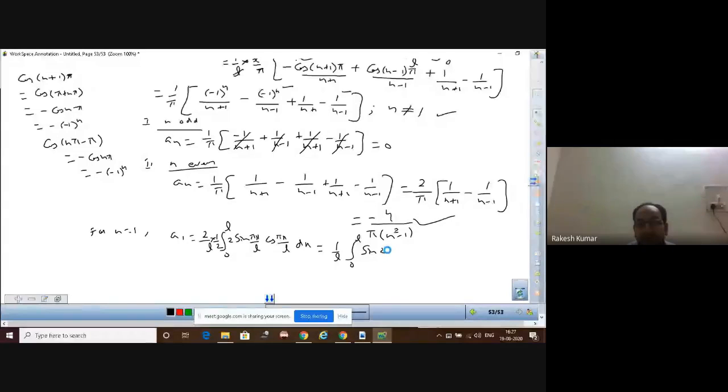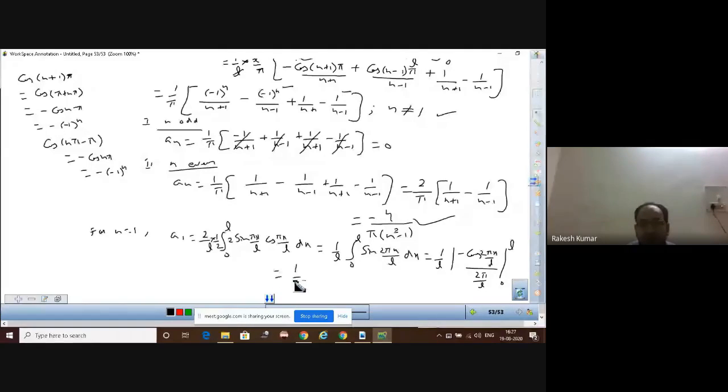Sine 2 pi x over L will become, using the formula. Now you can integrate it, 1 over L. The integration of sine is minus cos 2 pi x over L divided by 2 pi over L. The limits are 0 to L.